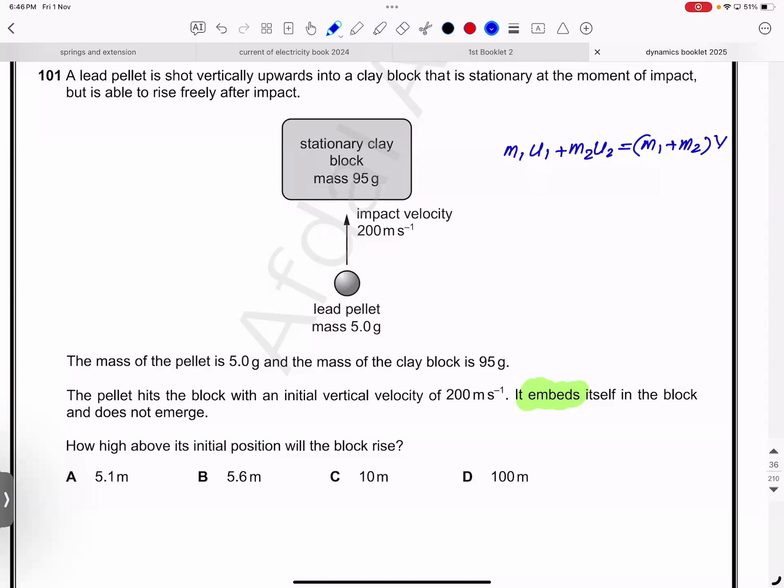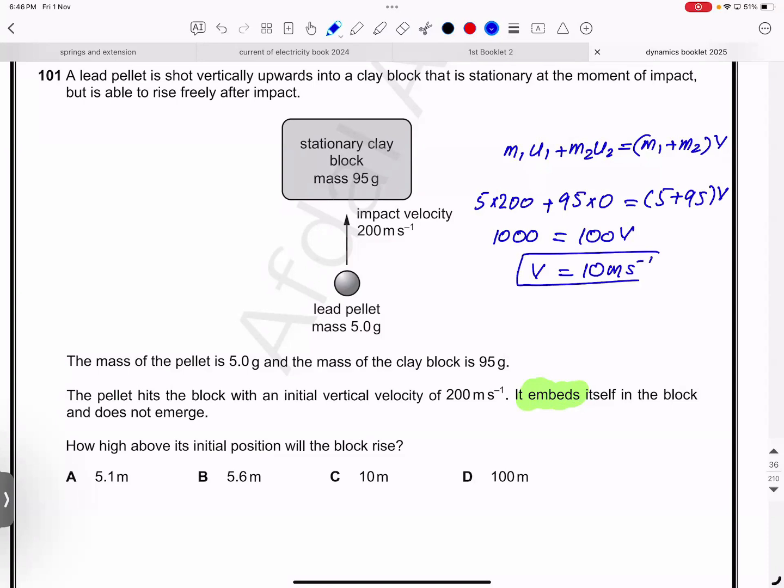So 5 times 200, plus 95 times 0, equals 5 plus 95 times V. 1000 equals 100 V. V is equal to 10 meters per second. So this is the combined velocity with which they start to move.